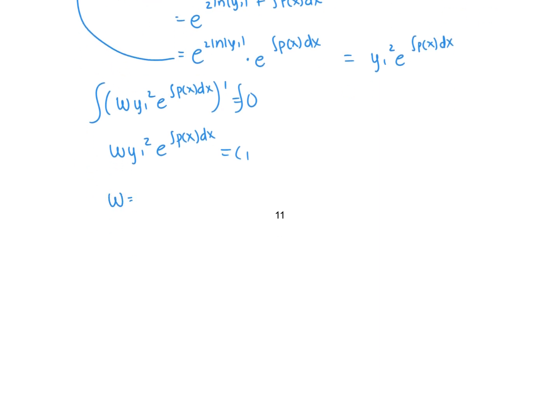So our w will be c1 times e to the negative integral of p of x dx over y1 squared. Doing some more substituting, w we defined as u prime.